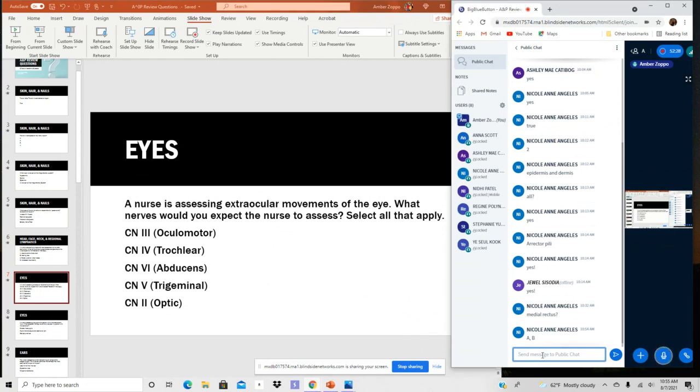It's actually cranial nerve 3, 4, and 6, so the first 3. Okay, so this is kind of just a definition question. You guys have to commit to memory what these cranial nerves are responsible for. Oculomotor, trochlear, and abducens are responsible for the extraocular movements of the eye.